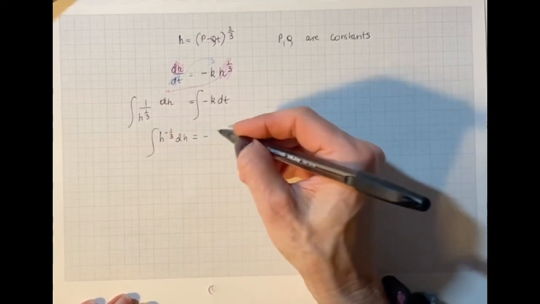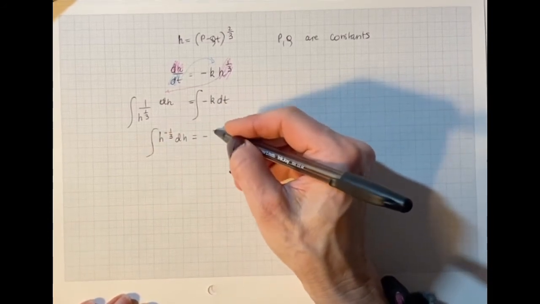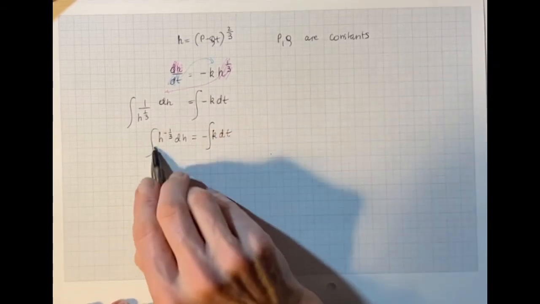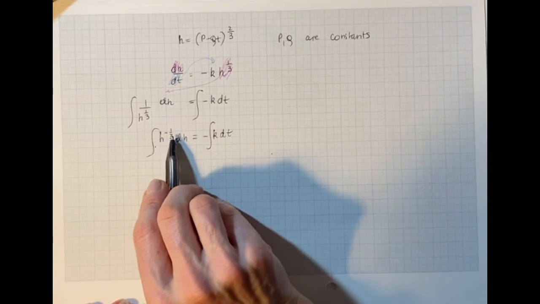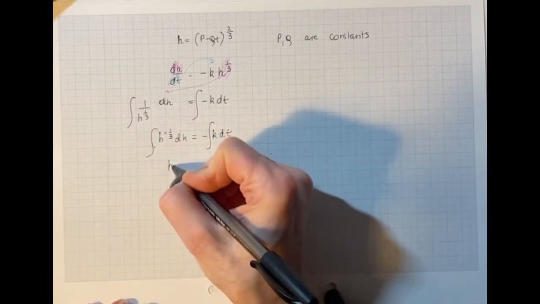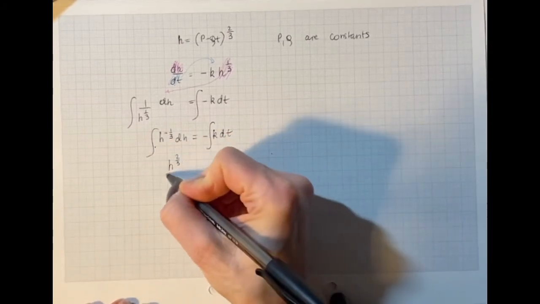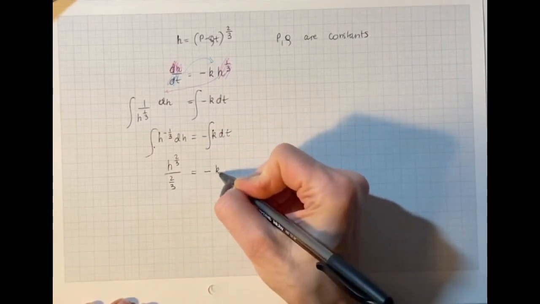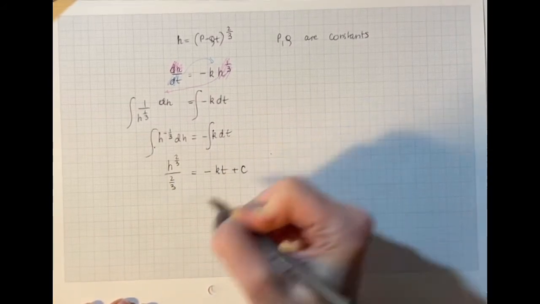And this one you can put minus k dt. You can put the minus in front. So add 1 to the power, divide by that power. So it's going to be h to the power of 2/3 over 2/3 is equal to minus kt plus c.